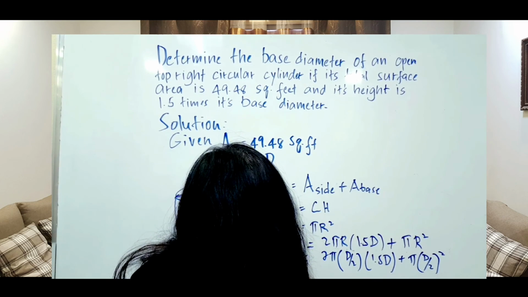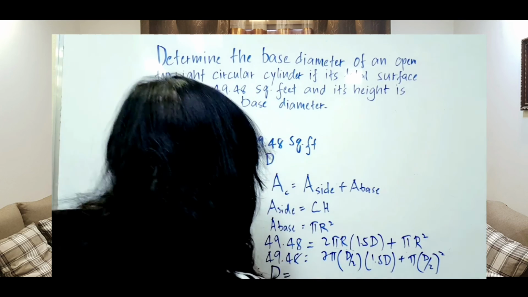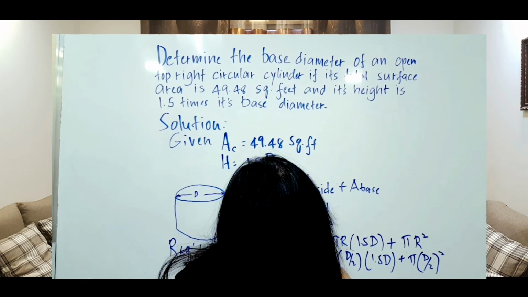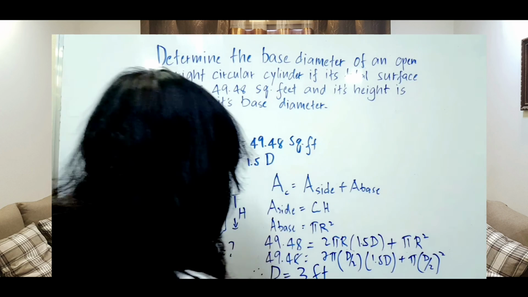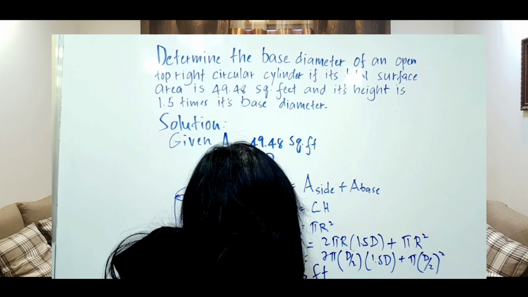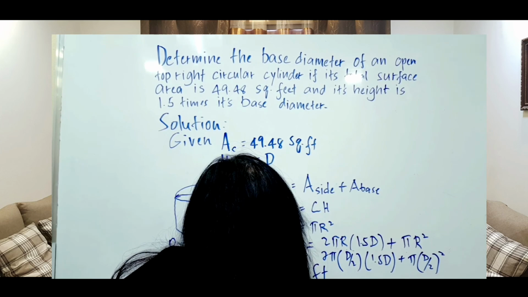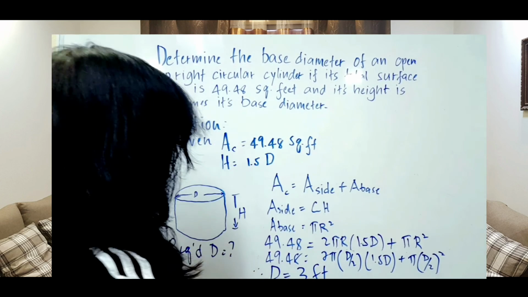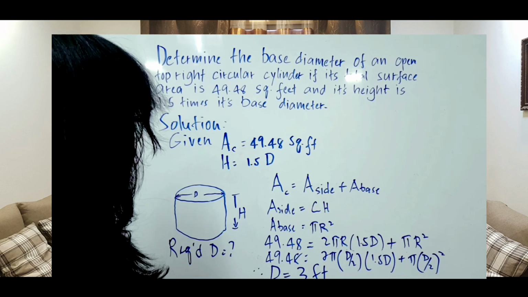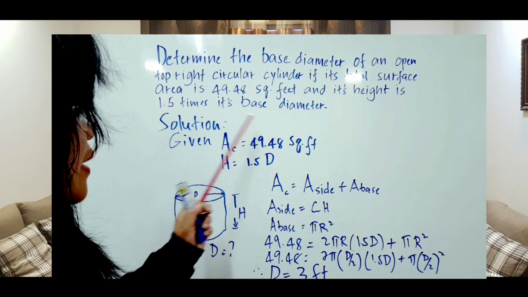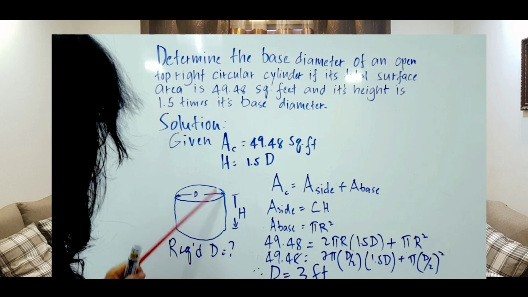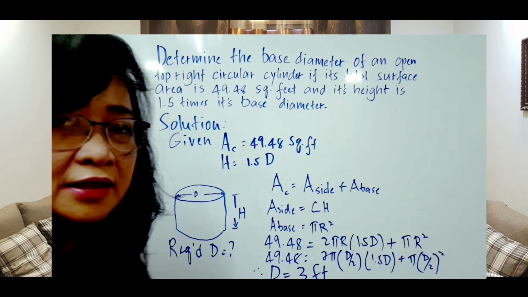Simplifying all this, the diameter is therefore equal to 3 feet or 36 inches. That is what we are looking for, the base diameter of an open circular cylinder.